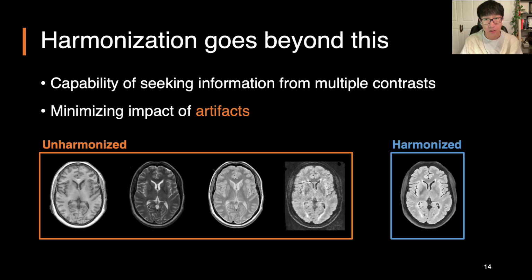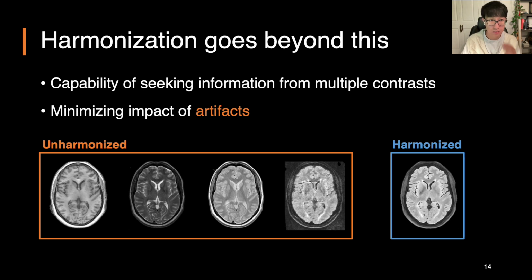Second of all, our harmonization method has the capability of taking information from multiple contrasts. In this example on the left, if we do acquire multiple MR contrasts in a single imaging session, we can utilize this ability to minimize the impact of artifacts.